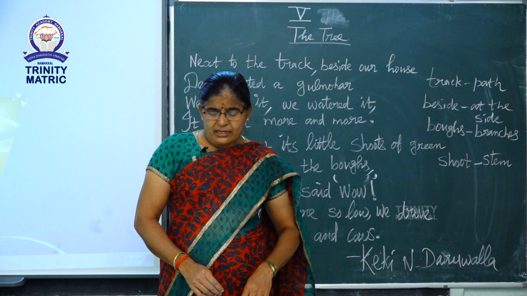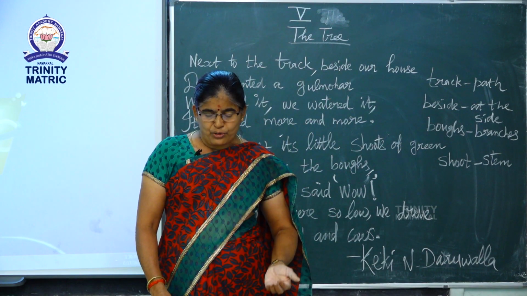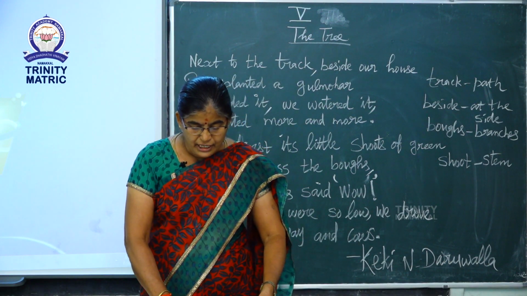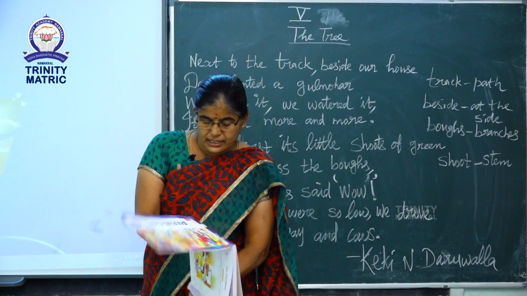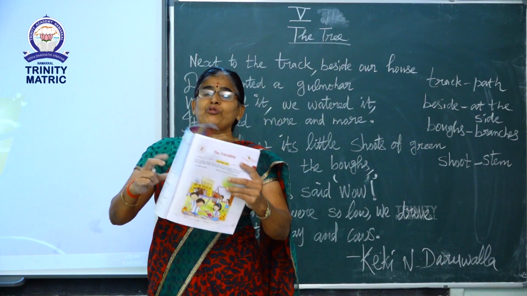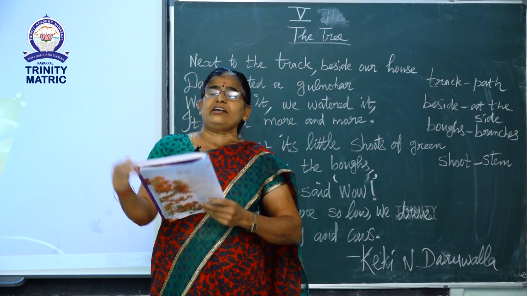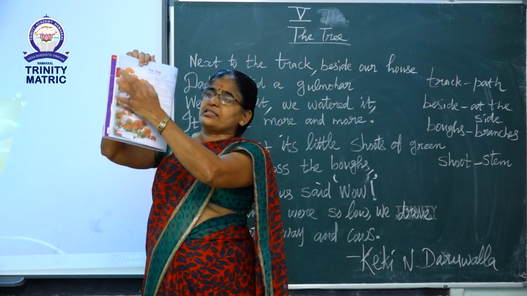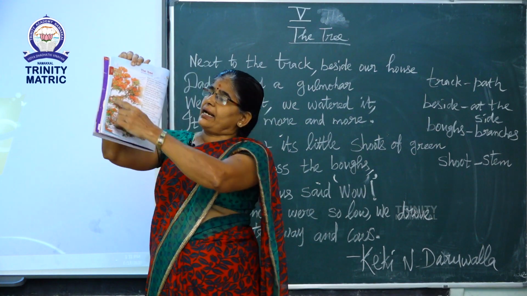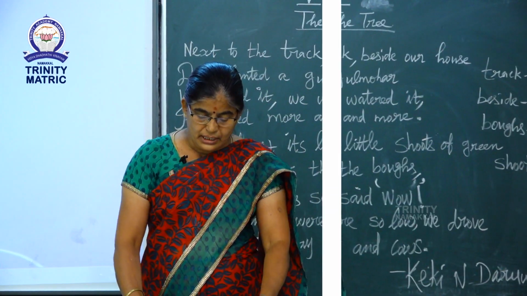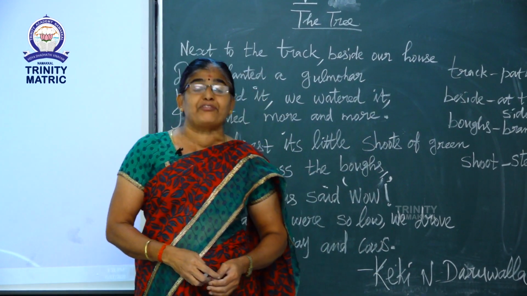Next year the leaves will come out and it turned into a red-roofed tree. Red-roofed means, you see in this picture, the tree has a red roof. Roof means at the top. You can see the tree fully bloomed with flowers only. Very attractive flowers.